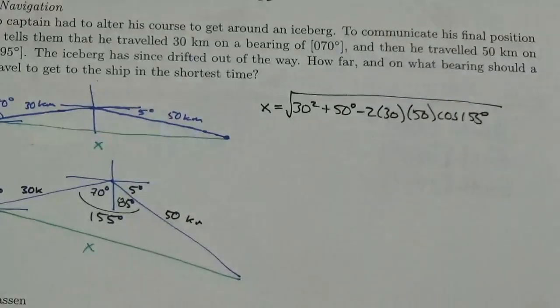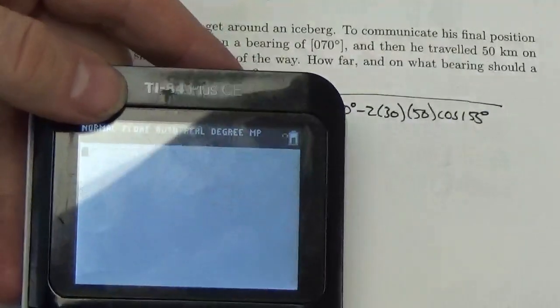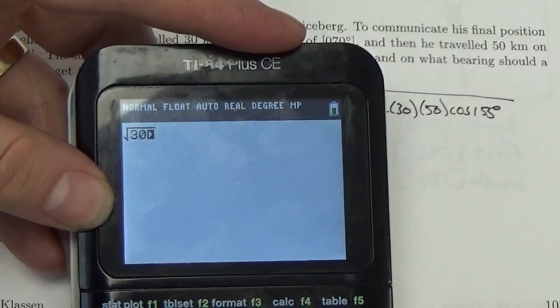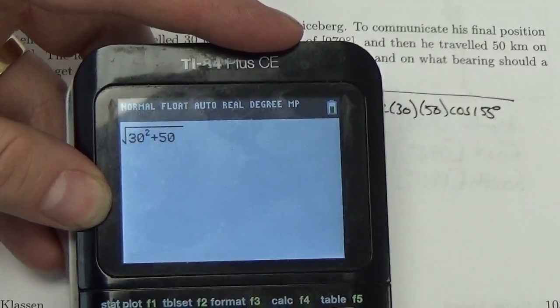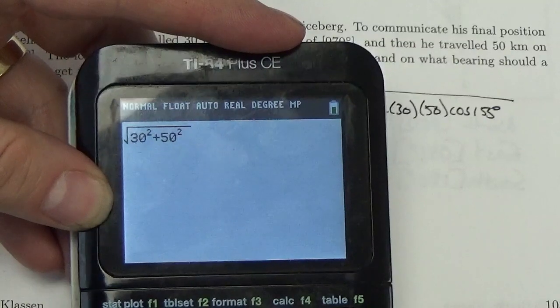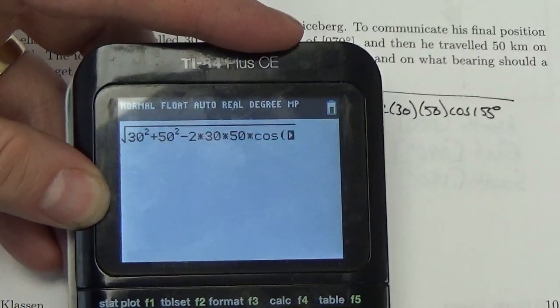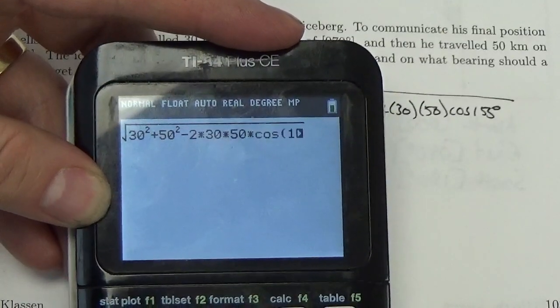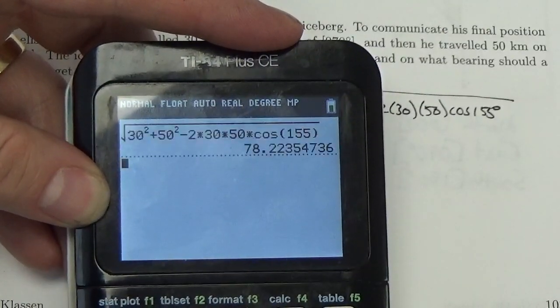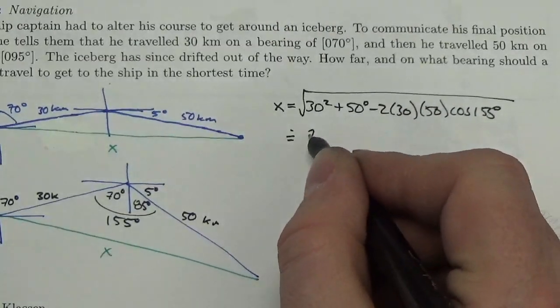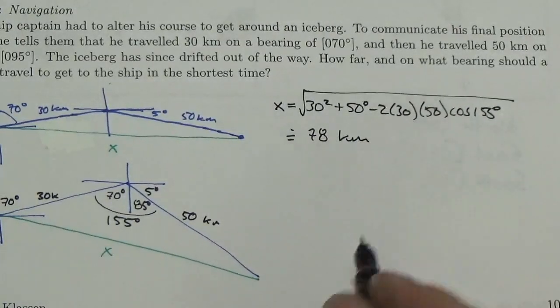And that'll all be square rooted. So let's pull out the calculator here. So square root 30 squared plus 50 squared minus 2 times 30 times 50 times the cosine of the angle in between, which will be 155 degrees. Okay, so we know that this is going to be approximately 78 kilometers.